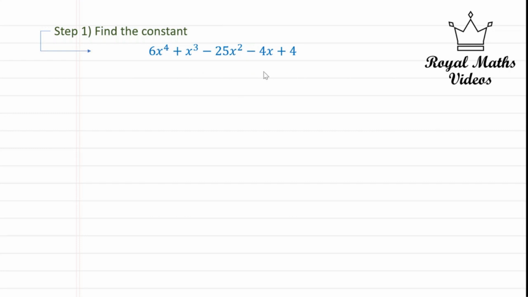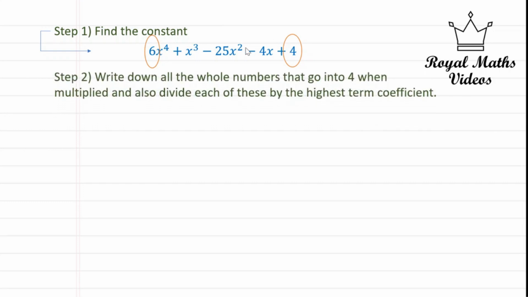Okay, so step 1 is to find the constant in the equation. Now the constant will be this value over here, which is 4. So what we do is write down all the whole numbers that go into 4 when multiplied, and also divide each of these by the highest term coefficient.